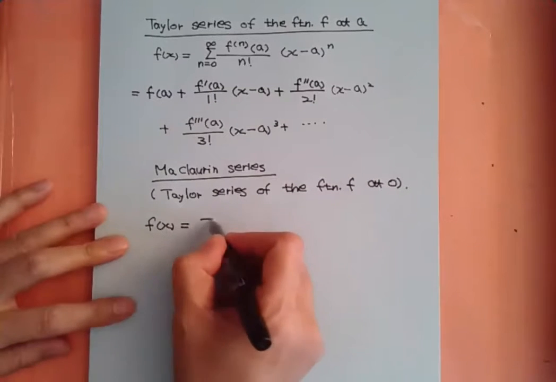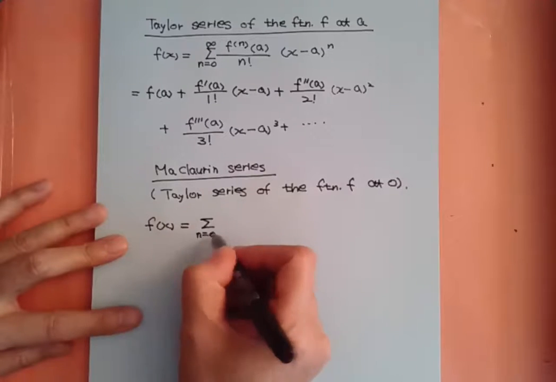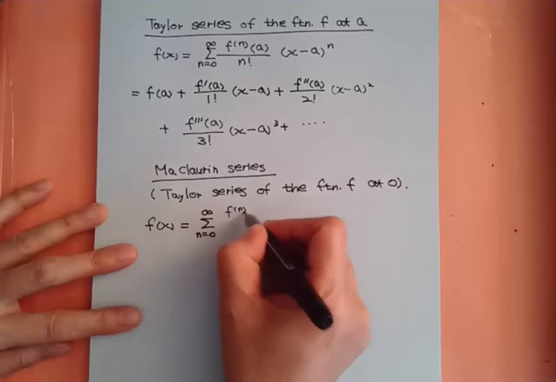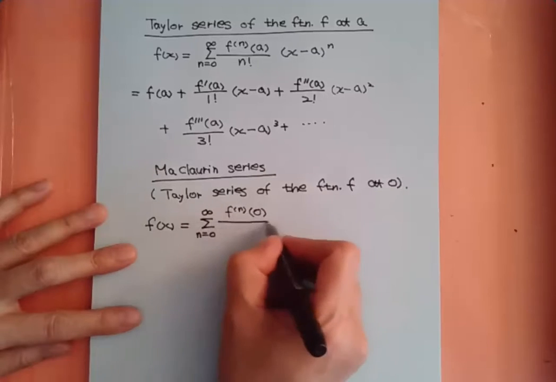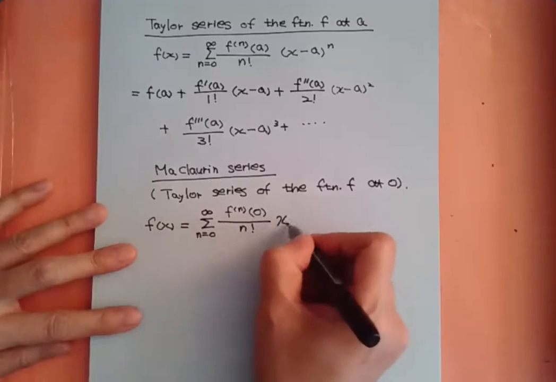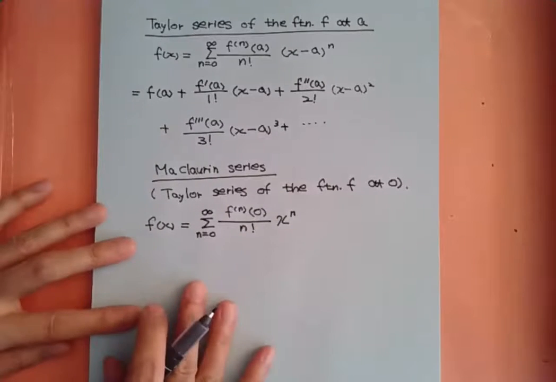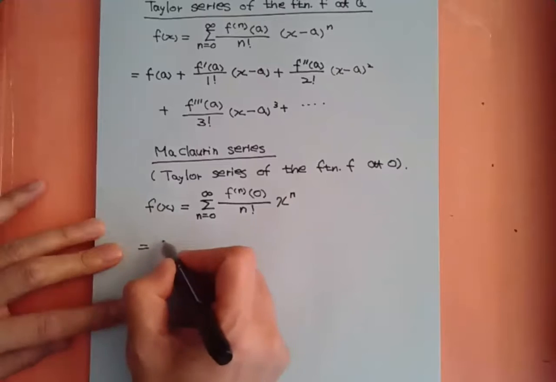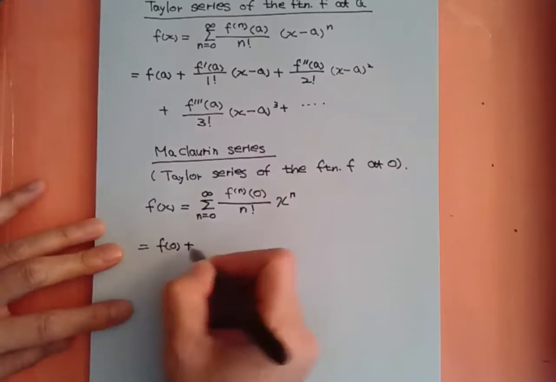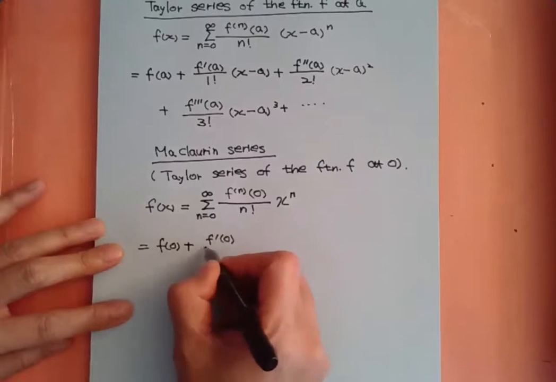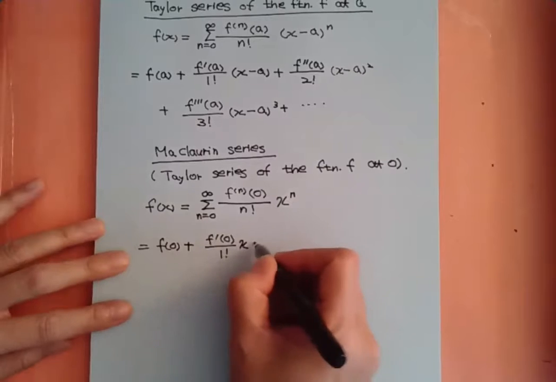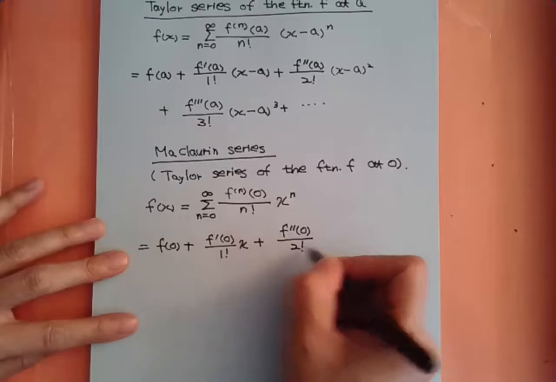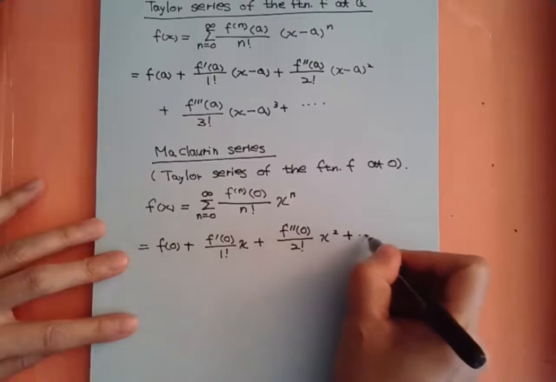So f of x can be represented as the power series, summation n equals 0 to infinity, nth derivative of f at 0 over n factorial times x to the n power. That equals f of 0 plus f prime of 0 over 1 factorial times x plus f double prime of 0 over 2 factorial x squared plus, and so on.